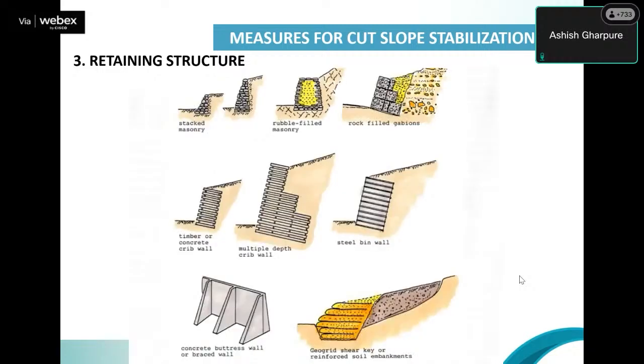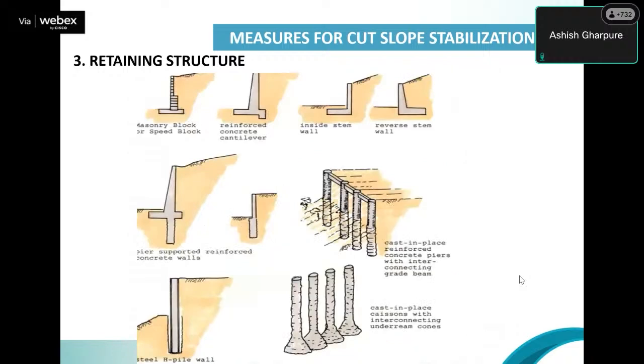So the crib walls, the gravity wall, the Gabion wall, the cantilever wall, or buttress wall, reinforced soil wall, all types of solutions are there. Next, please. Then even RCC wall, and you can give different shapes depending on the site requirement and whether the key is required or not required for sliding.